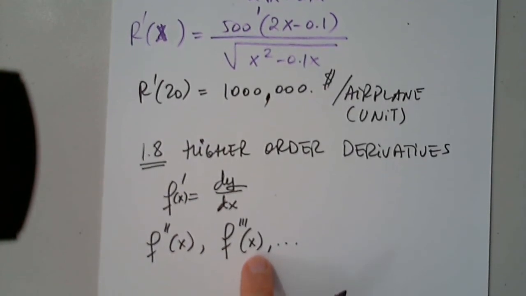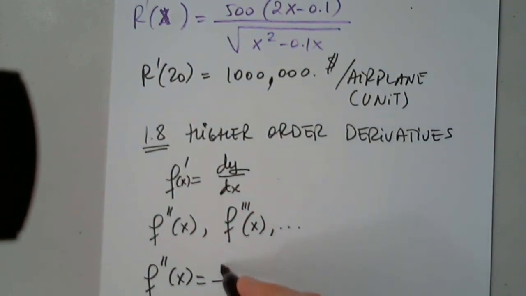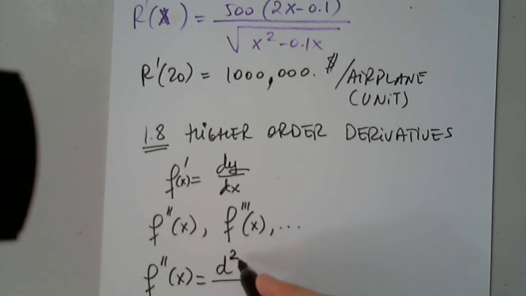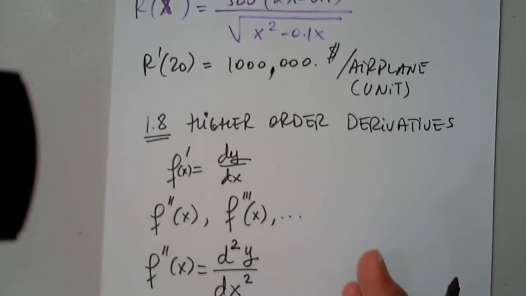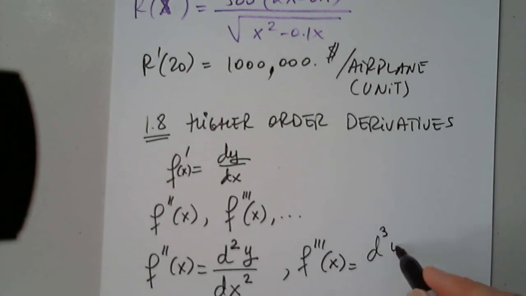The second derivative is written in Leibniz notation as d2y over dx2, not power 2. What does it mean? The second derivative of the function. Same thing for f triple prime, the third derivative, d3y over dx3, not dx cubed.